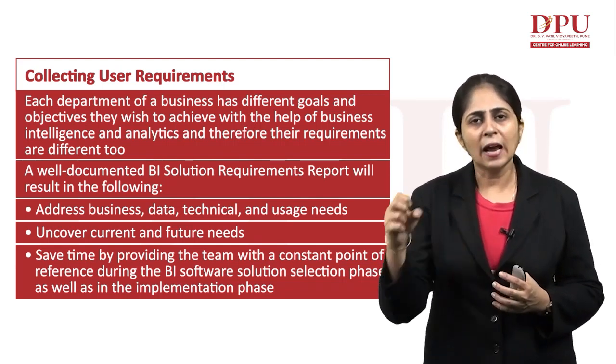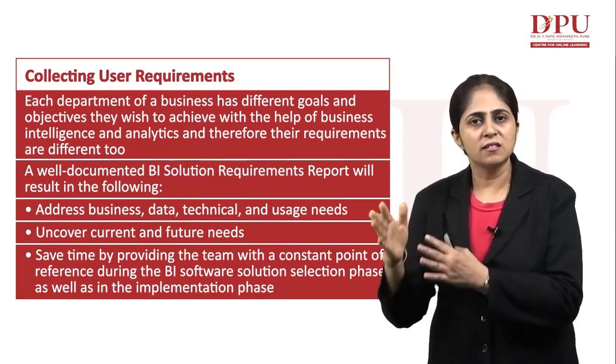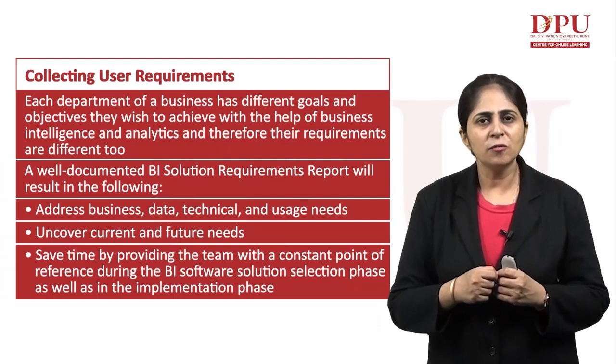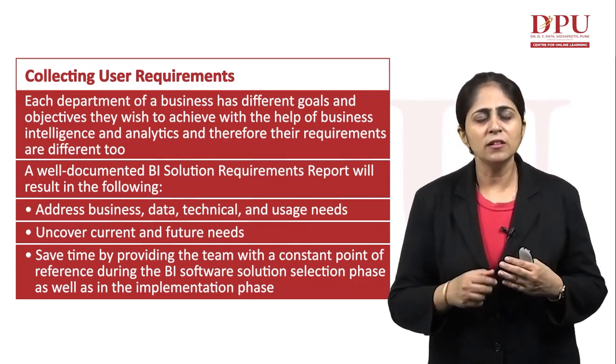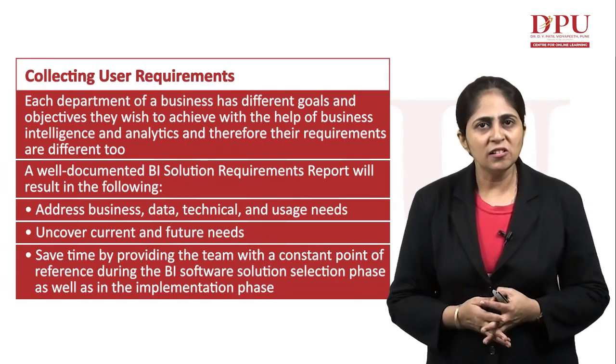We should interact with the team, telling them that we are doing these tasks for the implementation phase and we have selected these products. Are you satisfied with all this, or do we need to make some changes?